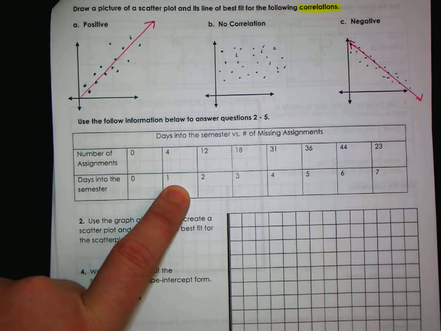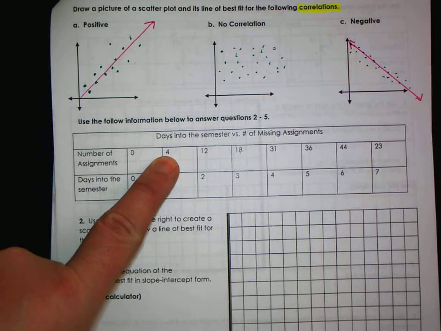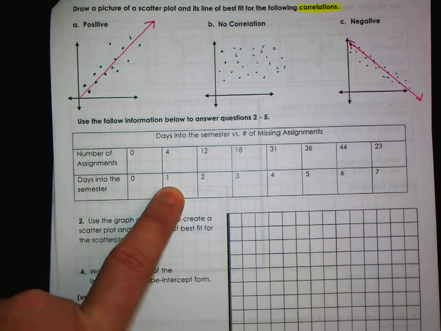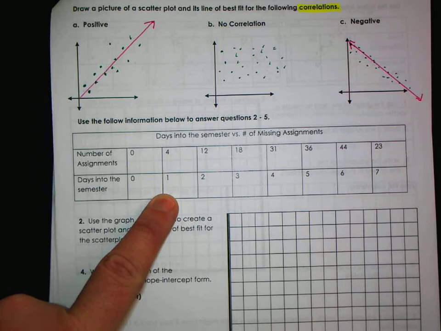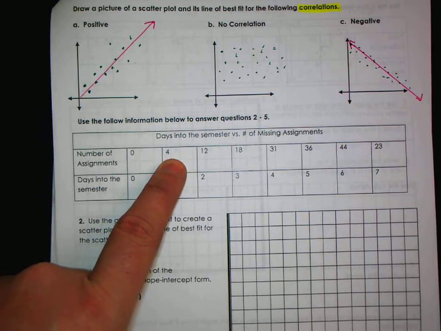After one day, the teacher assigned homework, and the kid already had 4 missing assignments. That's pretty impressive that the teacher assigned 4 assignments, at the very least. And this isn't how many assignments were assigned, it's how many assignments are missing.